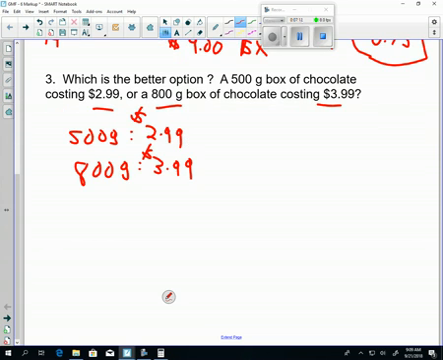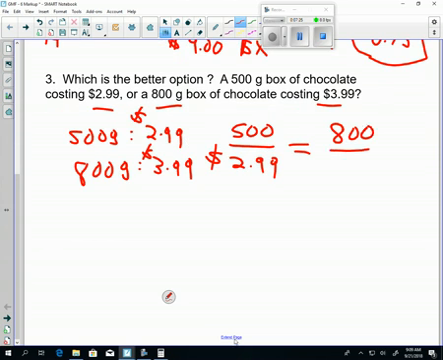So we can set this up as a proportion statement again. We put 500 over $2.99 equals 800 grams over $3.99.